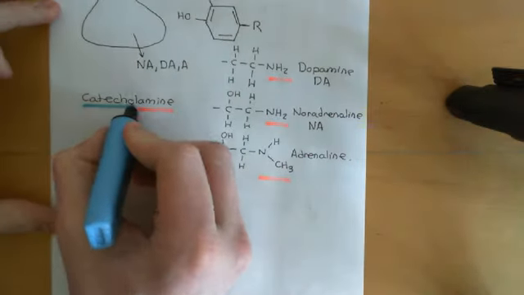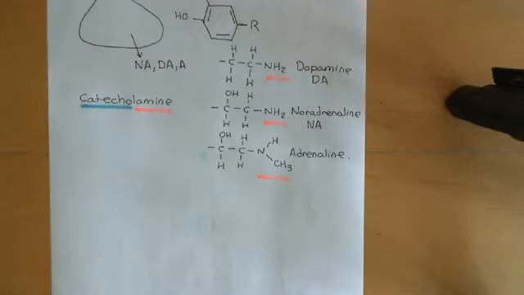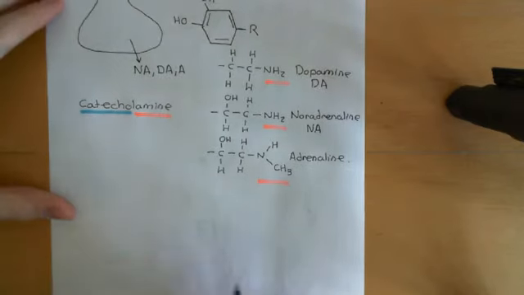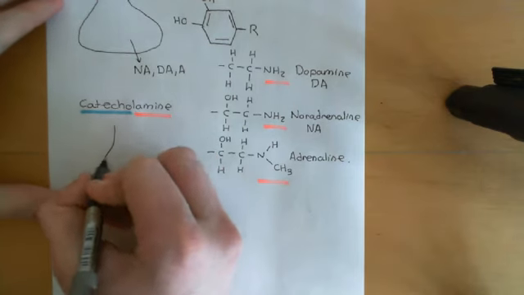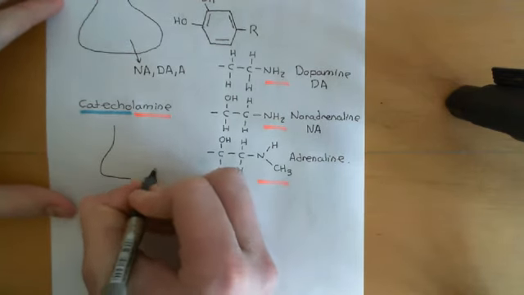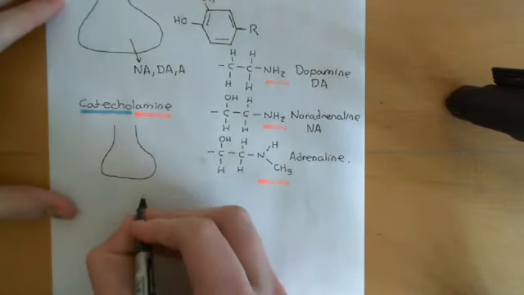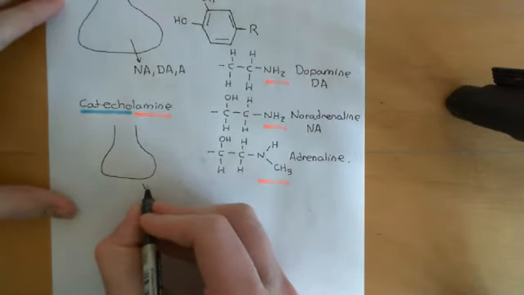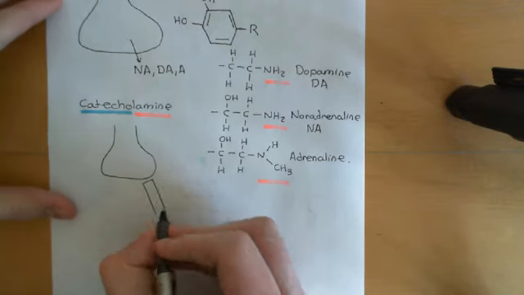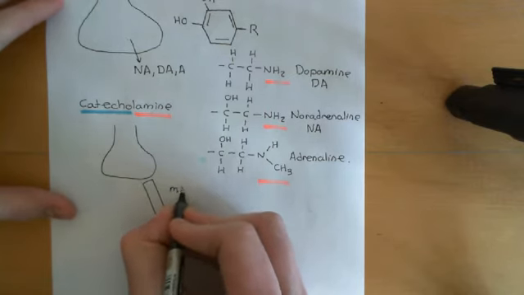Now, the key thing here is that these can be induced to undergo an oxidation reaction by the presence of an anode. So let me show you what you're going to do. Basically, you're going to take your catecholaminergic neuron, which is releasing one of these neurotransmitters, or potentially more than one of them, and you're going to put a tiny little electrode here, known as a microelectrode.